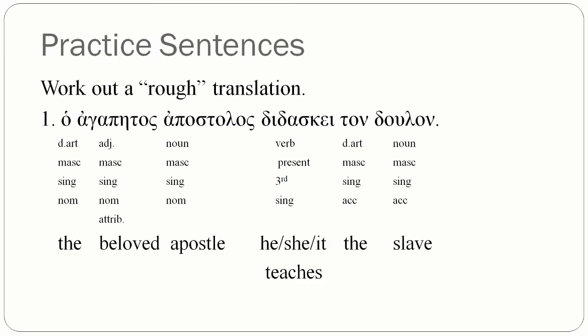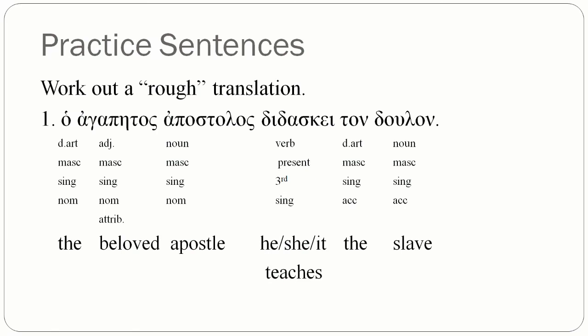If you have all the forms of the words, you can write out a rough translation of each of these words separately. You have the beloved apostle. Didaskei is he, she, or it teaches. And then ton is the, and doulon is slave. All right, putting this all together, we're going to take our nominative forms there, the beloved apostle.